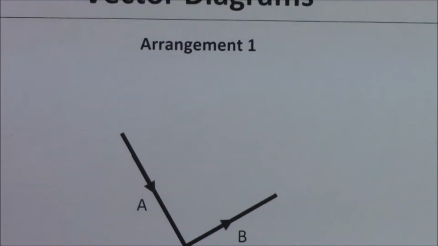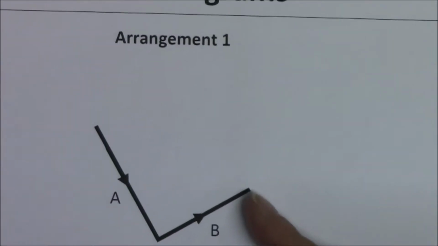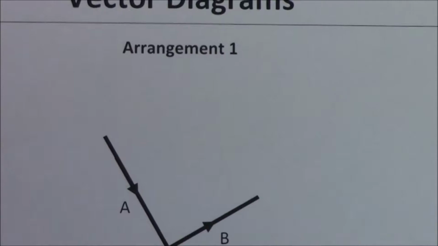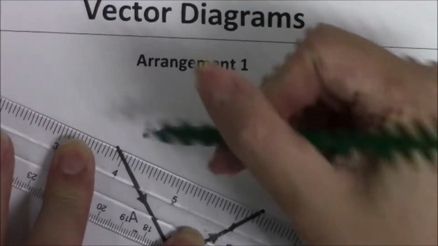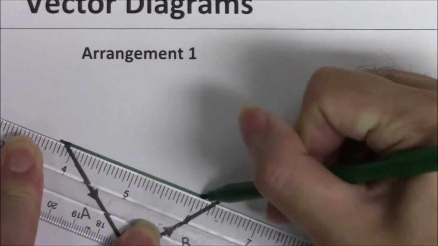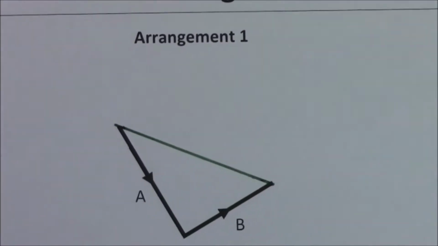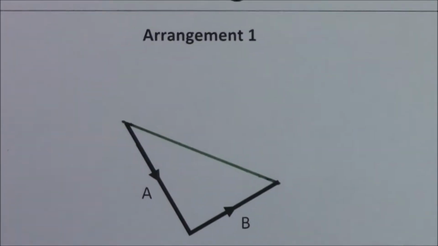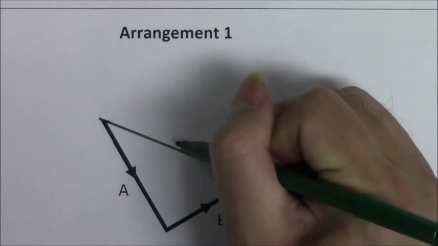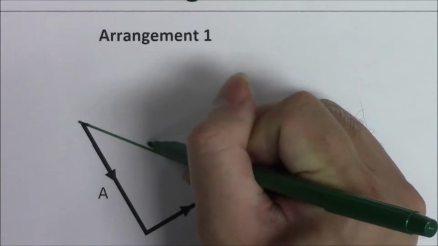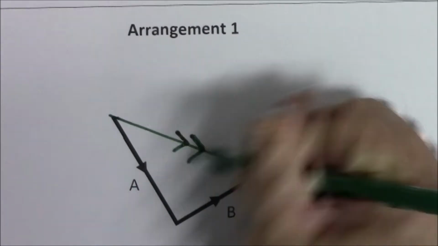The shortcut from the starting point of A to the ending point of B will be this line. This will be the resultant vector of adding A and B together. I'm going to indicate the direction of the arrow using two arrows.